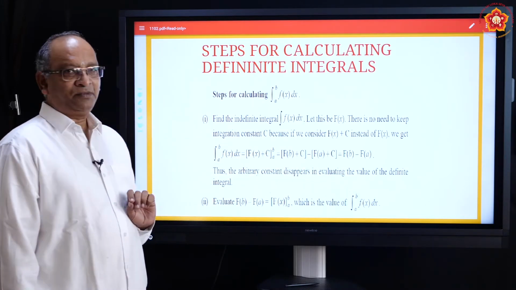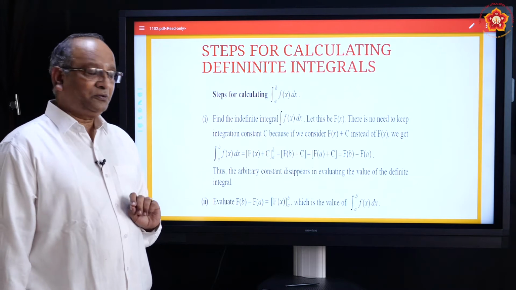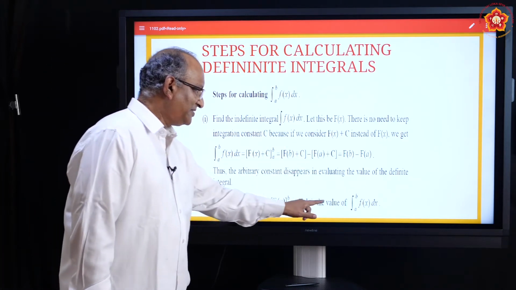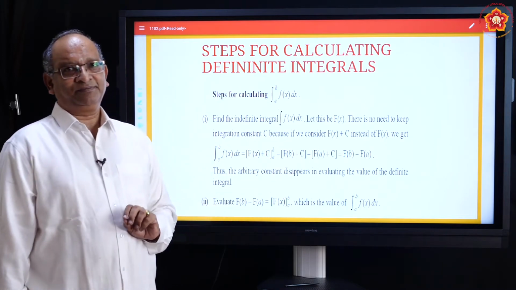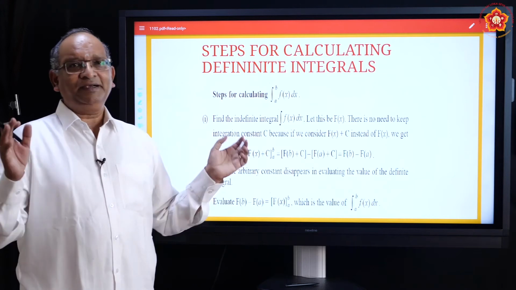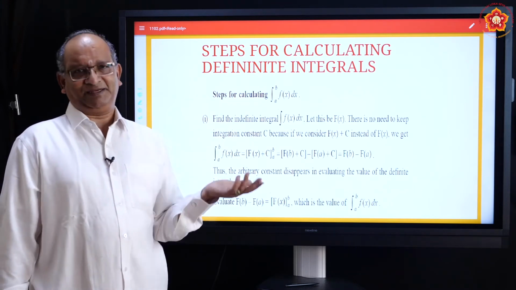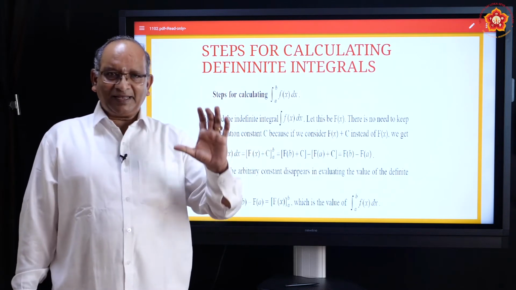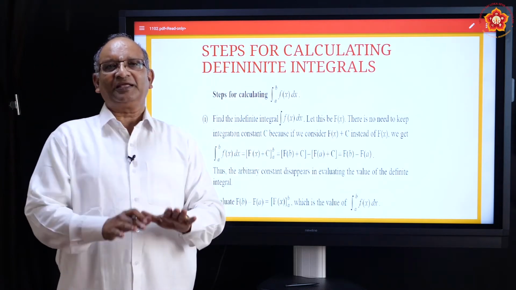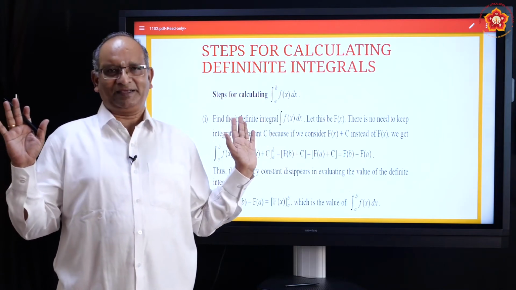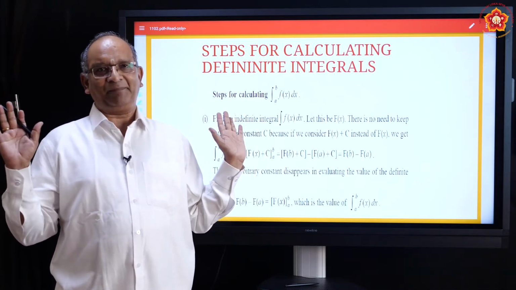After that, what we need to do? Simply calculate F(b) minus F(a), which is the value of the definite integral. So it's very, very simple. Since you have already learnt all types of integration, in definite integral what we need to do is, only in the last step, substitute the limits and simplify. So nothing new we are learning here.